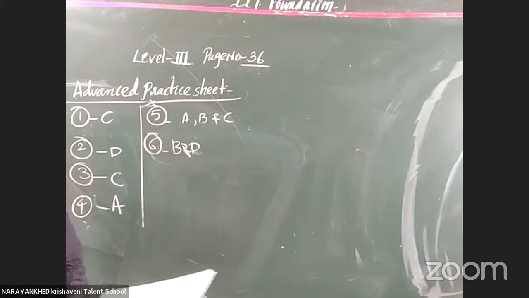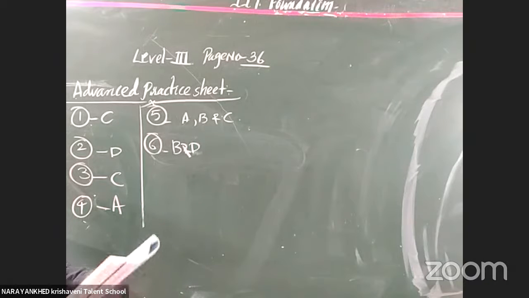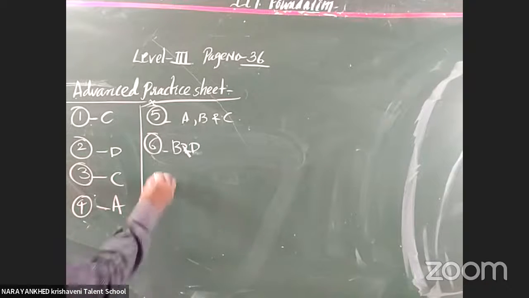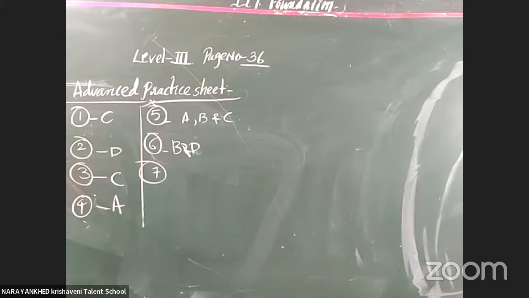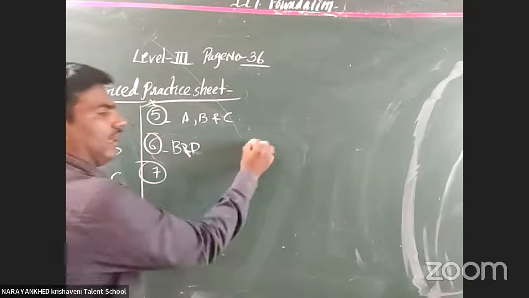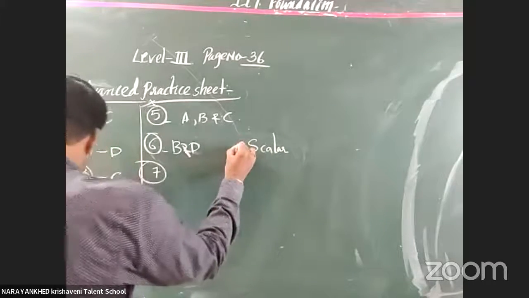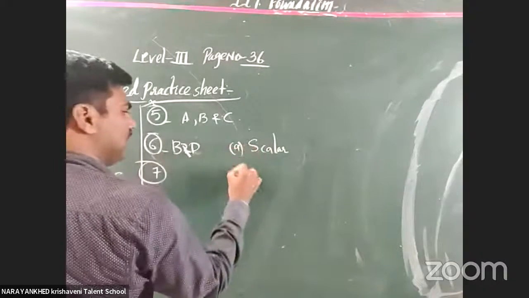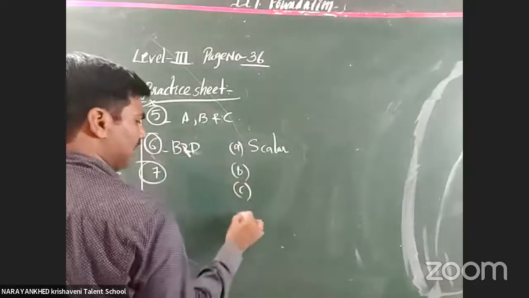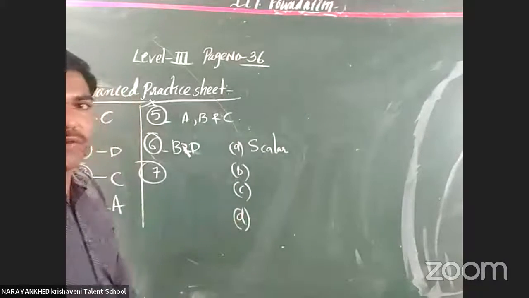Sixth question. Yeah, next the given part. Mark the following is given. The seventh one. What they given here? The given scalar. Okay, now what is the A, B, C, and as well as the D? Scalar they given.